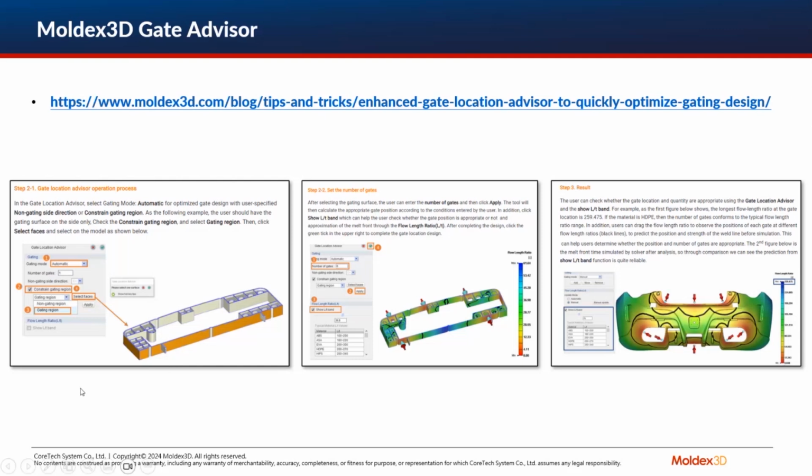You can also mark that you cannot have gates in certain critical areas because of aesthetic requirements. It will try to find the best gating location without placing the gate on that area. There are various different features in the enhanced gate location advisor you can try. It's really helpful, and super quick, within a few seconds, because it doesn't run a simulation, but just considers the flow to length ratio, and it will quickly find the approximated gating location for you.